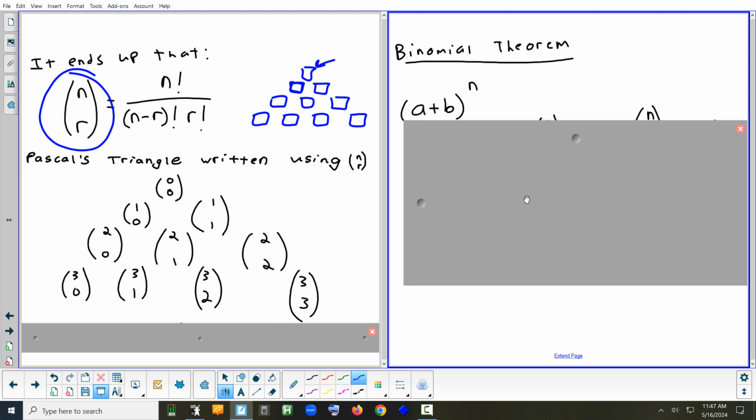When you write your coefficients, what column do you always start in? Column 0. And this tells you what row to start. What here tells you the row you should be looking at? N. So this particular one would start in row N.